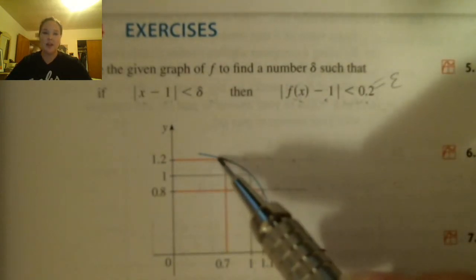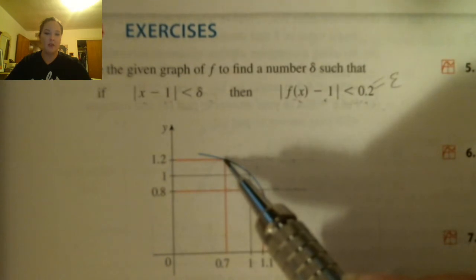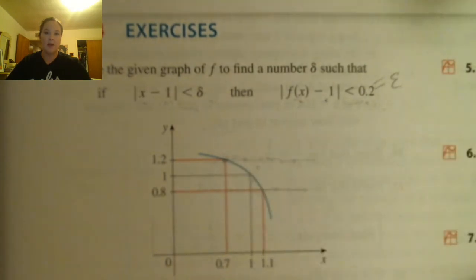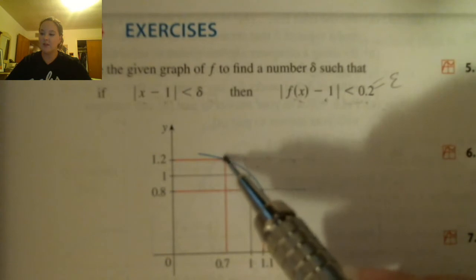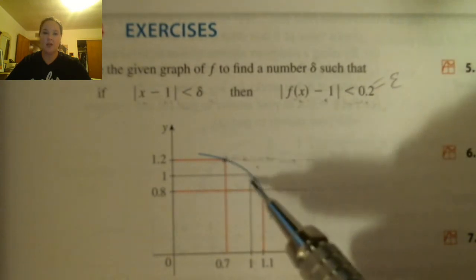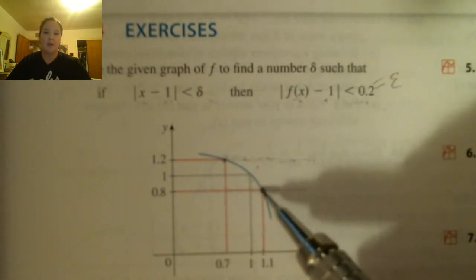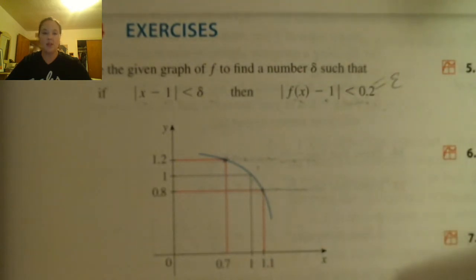So you can see that that starts to be an okay thing right here. That's the first time it's within that range, and then it drops down below the acceptable range here.